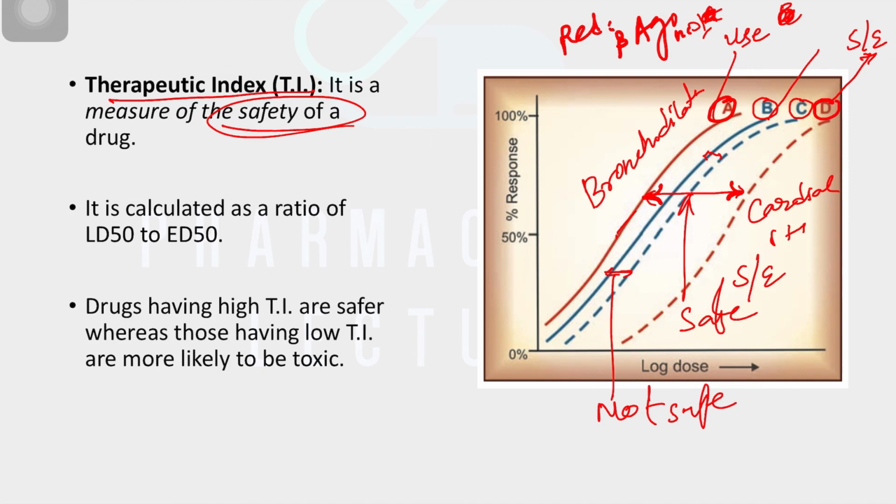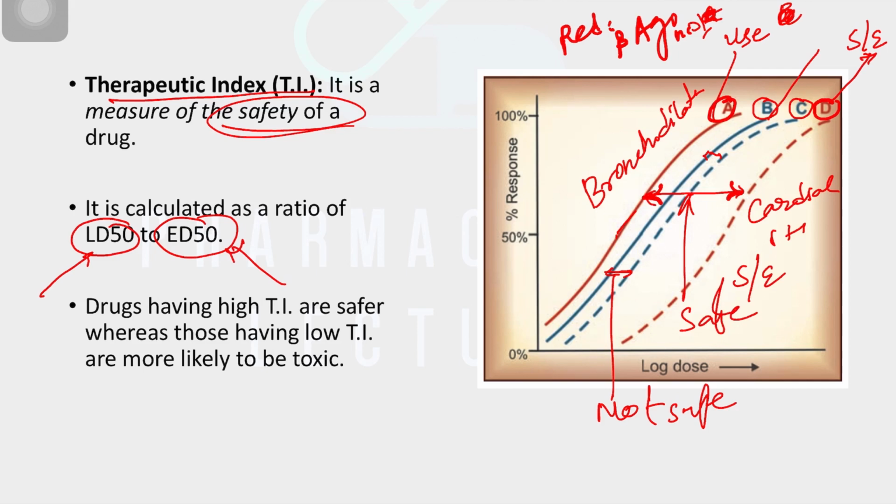In a practical scenario, in experimental settings, we calculate this therapeutic index on the basis of LD50 and ED50. Now what is LD50? That is lethal dose 50. And what is ED50? That is effective dose 50. Lethal dose 50 means the dose which is lethal to 50% of animals.